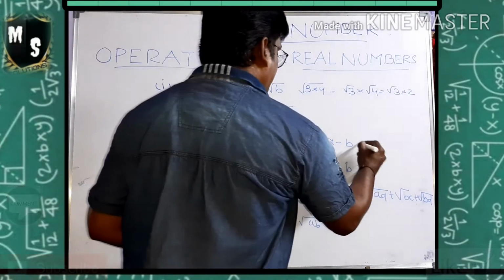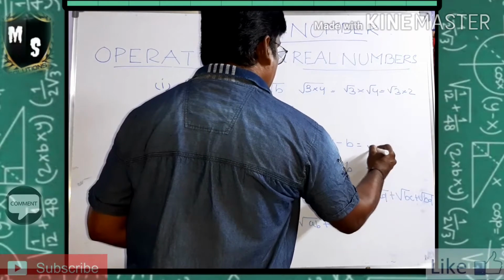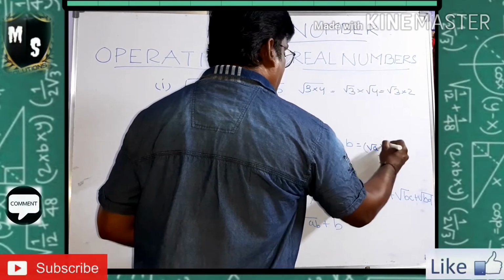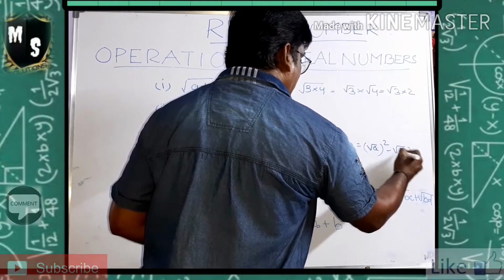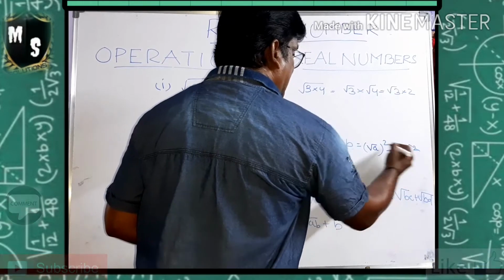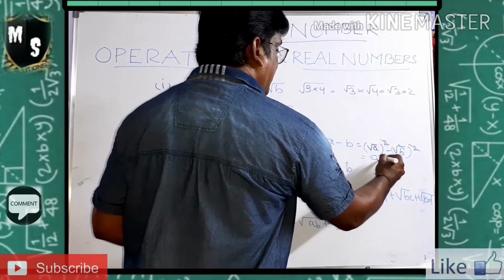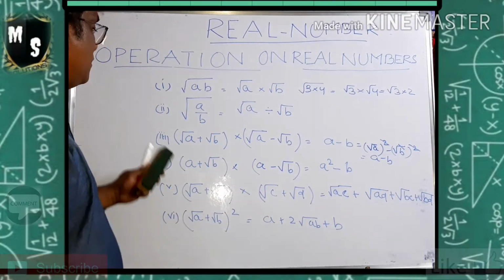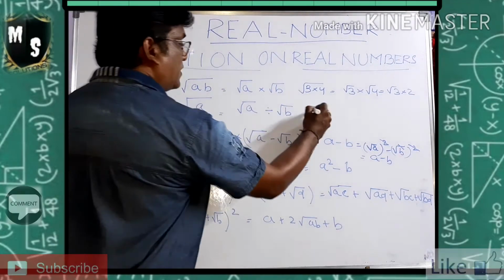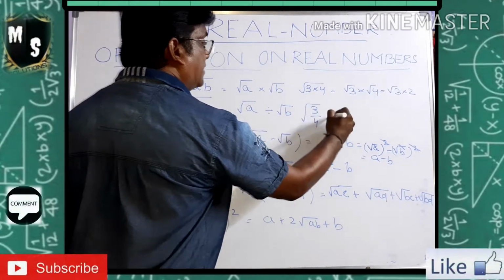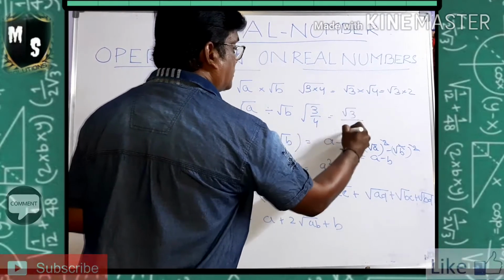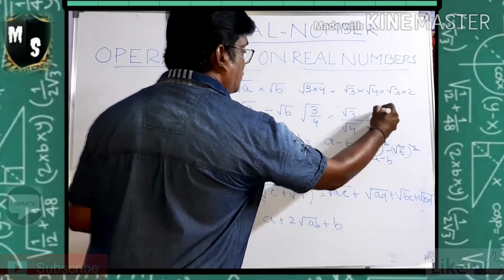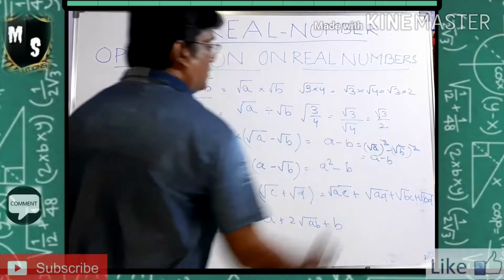That means it is square root of a square minus square root of b square. So the square roots cancel, and we get a minus b. Understood? Now if it is the square root of 3 by 4, then we can write square root of 3 by square root of 4, that is equal to root 3 by 2.